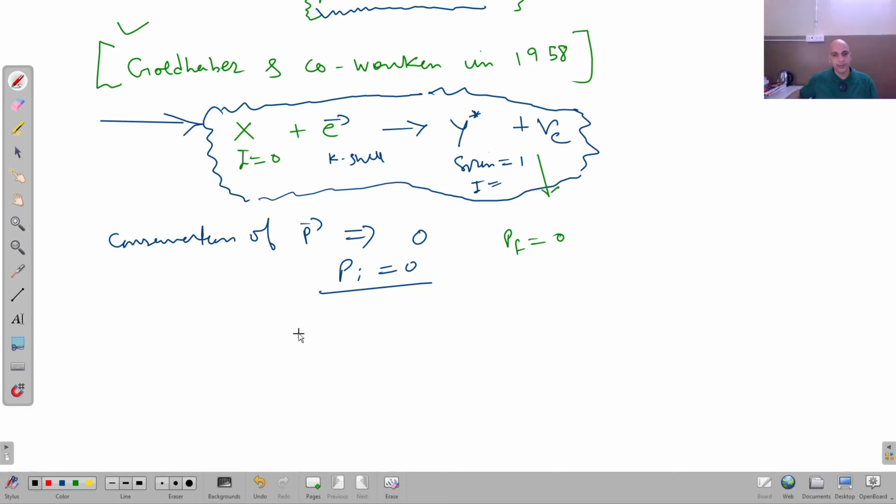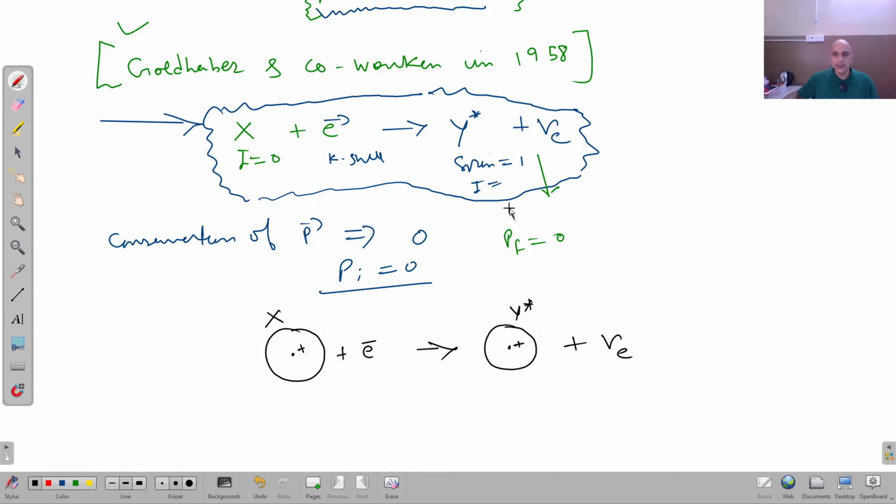This was the parent nucleus, positively charged, represented as a plus. I am representing the electron separately here, but it is not separate. In fact, it is the innermost electron of this parent nucleus. Then it converts into a daughter nucleus, that is Bi star, plus this particle that is emitted.